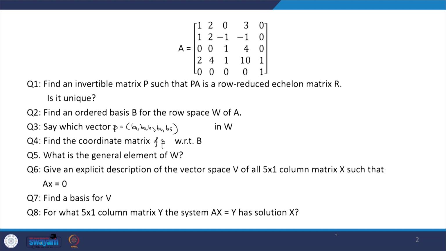Now, to answer these questions, I will consider the augmented system and do the elementary row operations for the matrix A. So, let me write down the solution.